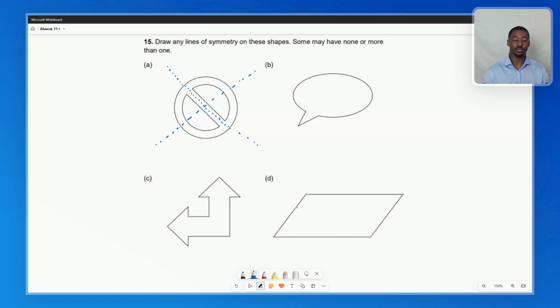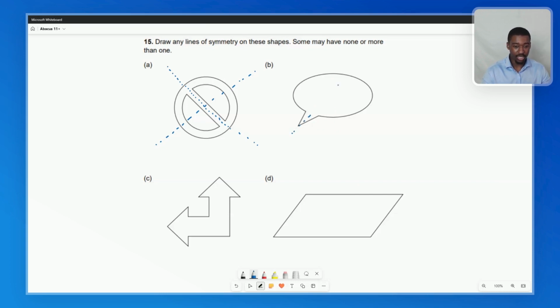Now for B, this is more of a tricky one because there isn't really any line of symmetry. We have a very irregular looking shape, and therefore there are no real lines that we could fold this shape on where there would be no overlaps.